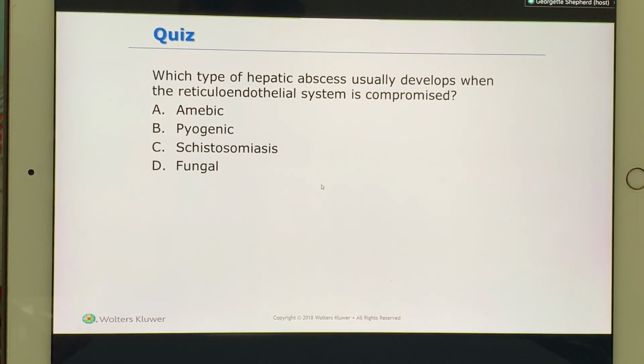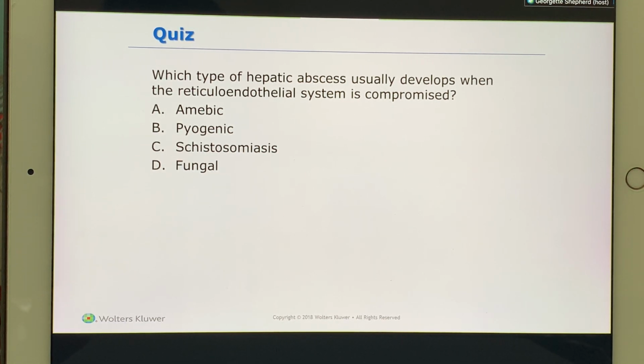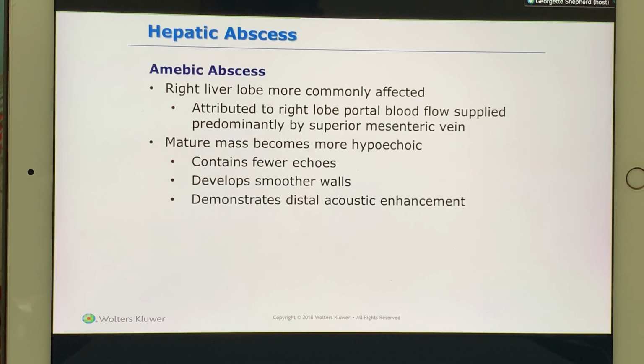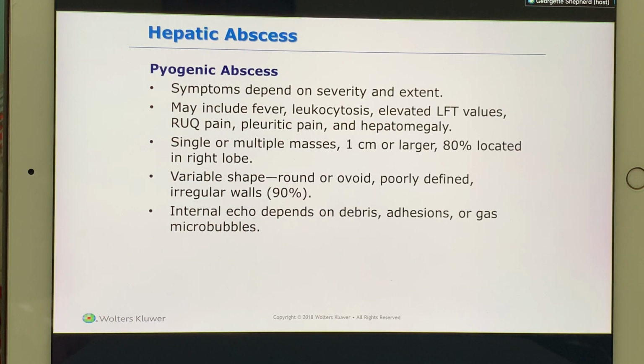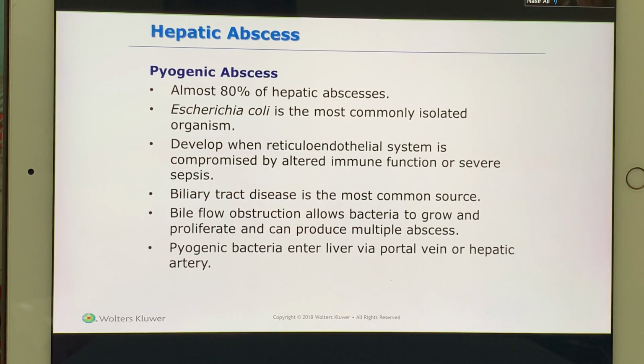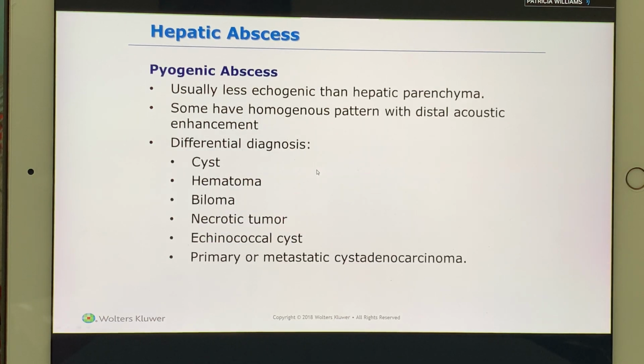What type of hepatic abscess usually develops when the reticuloendothelial system is compromised? I don't remember. Go back and see. Pyogenic abscess develops when the reticuloendothelial system is compromised.